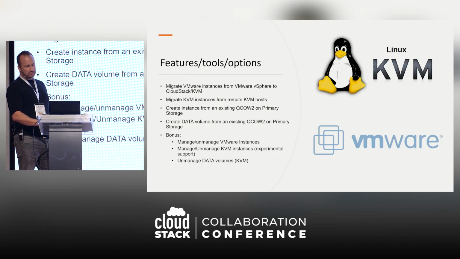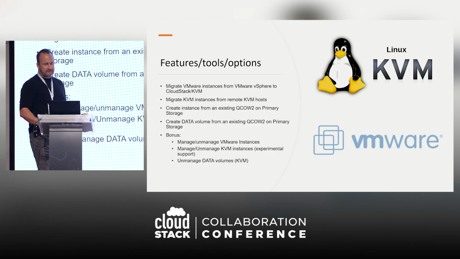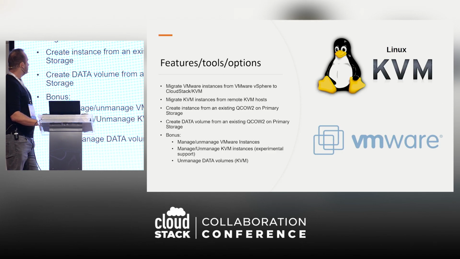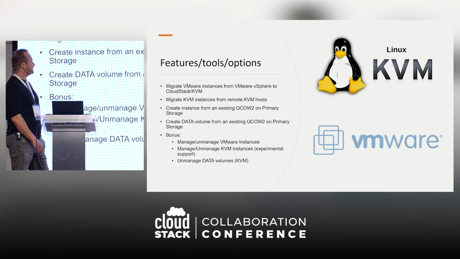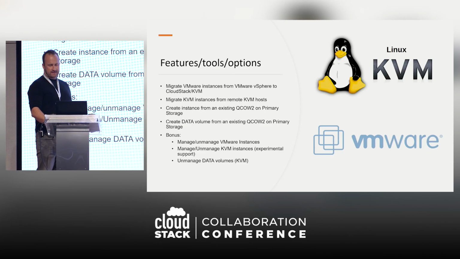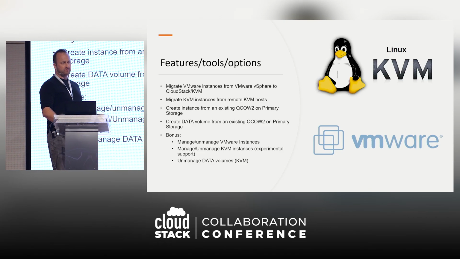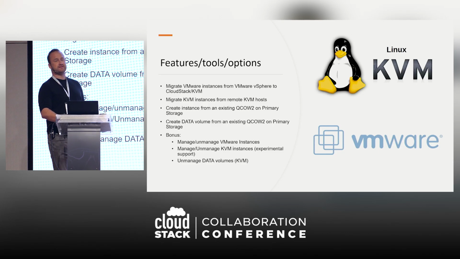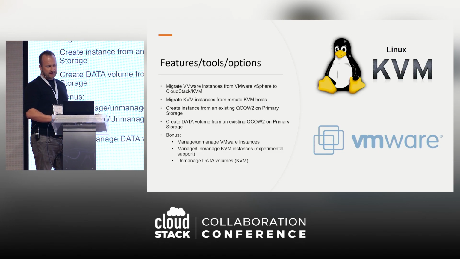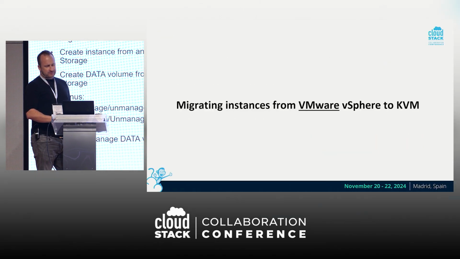Now this is much more streamlined and easier, and you can do it via the API in an automated way, very fast. Additionally, a new feature coming in 4.20 lets us create data volumes out of existing QCOW2 files. We are also going to mention a couple of bonus tools, which are not necessarily related to migration, but can help in certain situations.